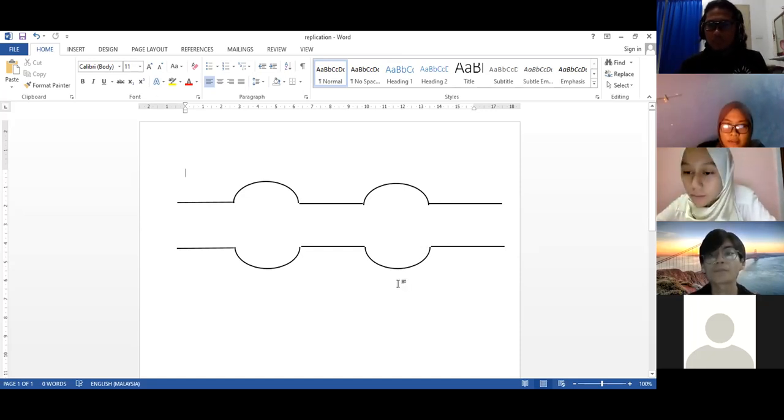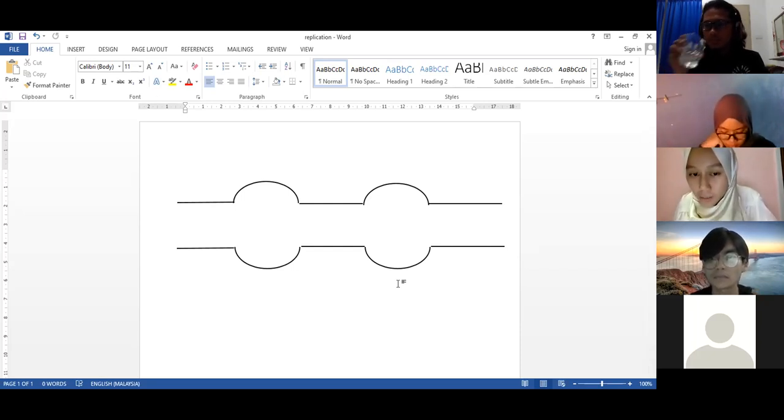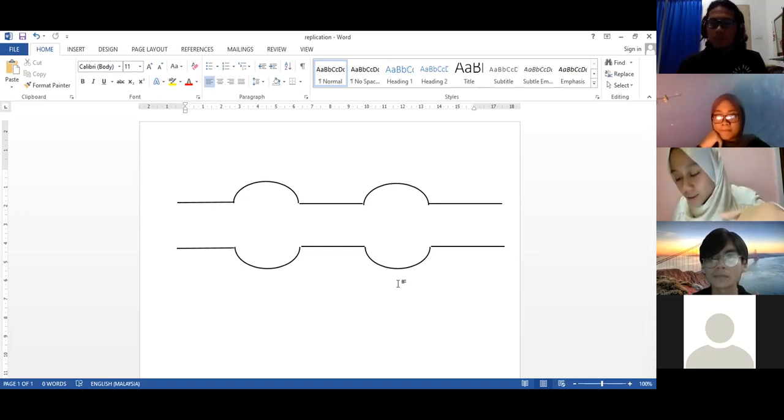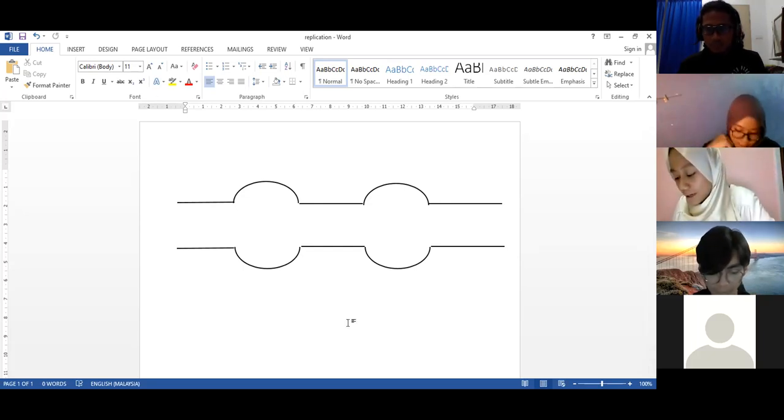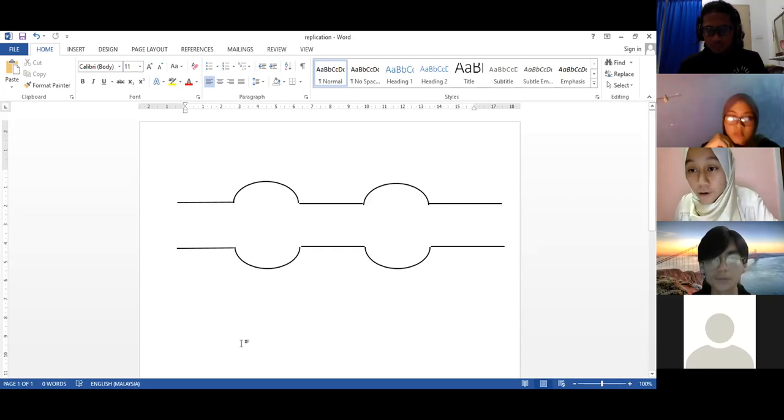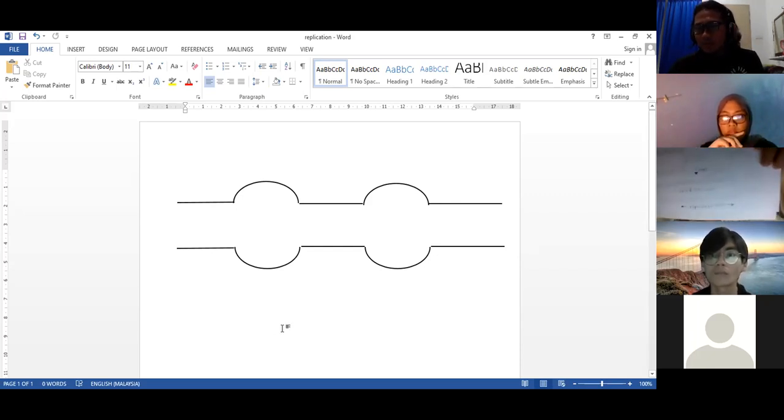Oh, I got the same answer. May I interrupt? I did the same answer as yours, but I also put another illustration below it to show the fused replicons. It's combined, right?